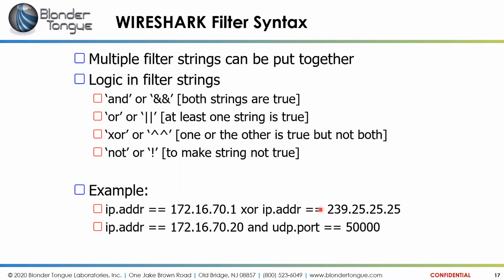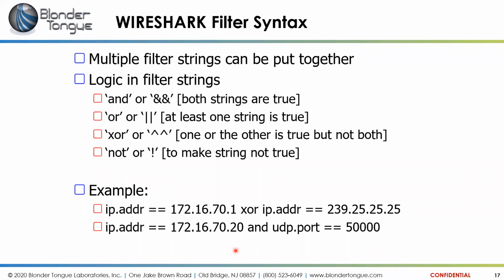Here, multiple filter strings can be put together. So you can do an or, an exclusive or, a not. For example, IP address equals this, an exclusive or, meaning the IP address equals one or the other, but not both. So for example, if the IP address is that, exclusive or, the port number is this, but not both.